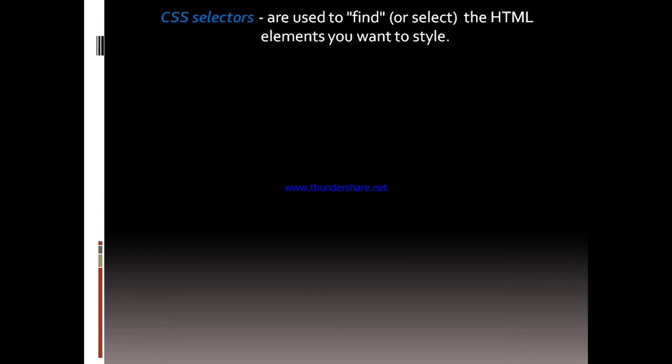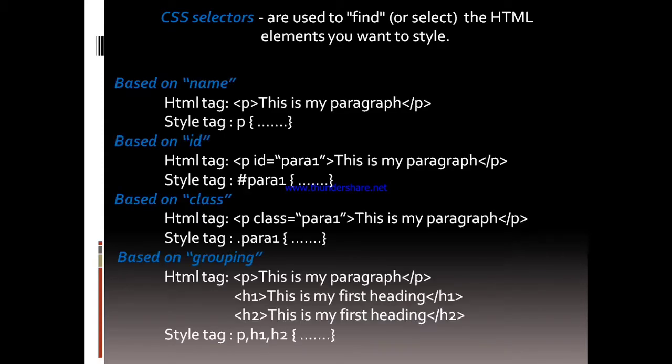Okay, what are CSS selectors? Basically, selectors are used to find the HTML elements you want to style. For example, if you want to make a style for a particular element, you can use CSS selectors.